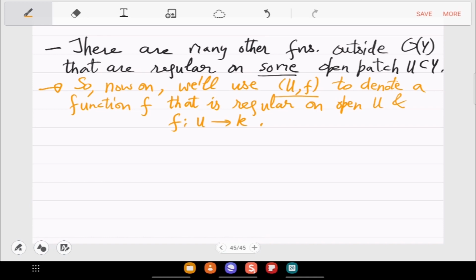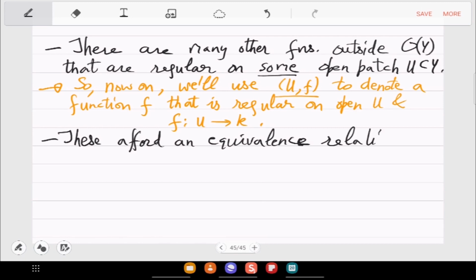And there is an equivalence relation. We define that equivalence relation as follows.